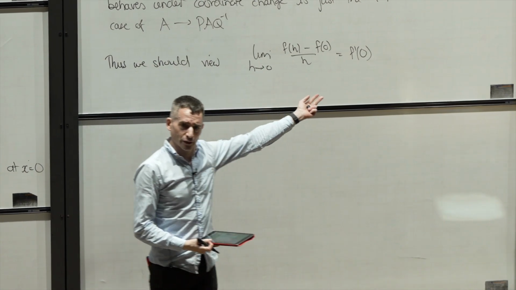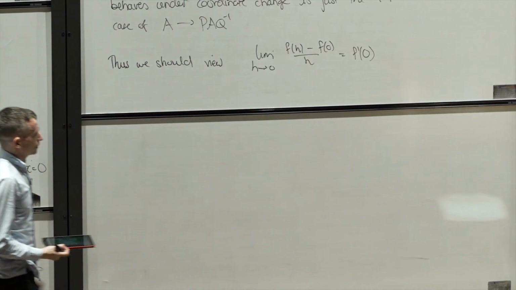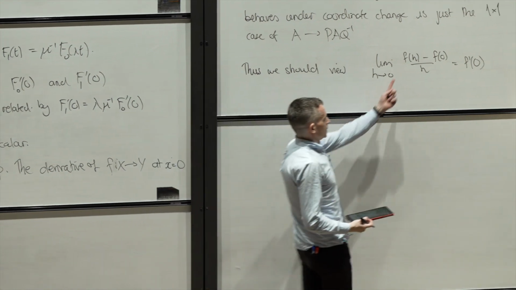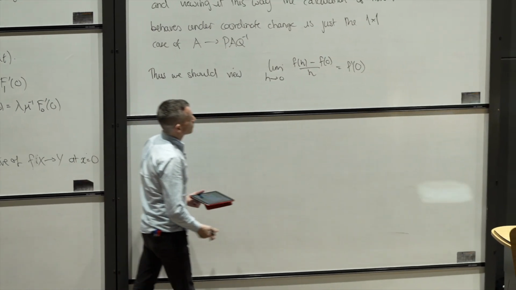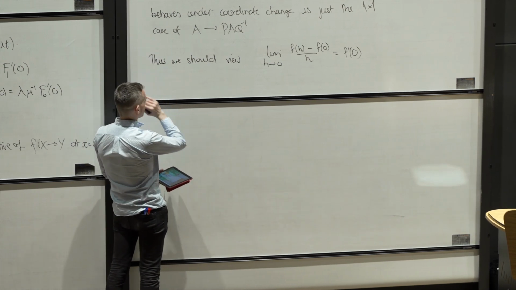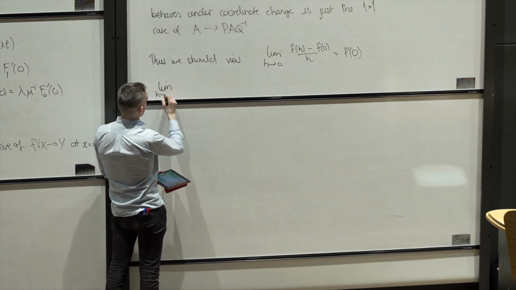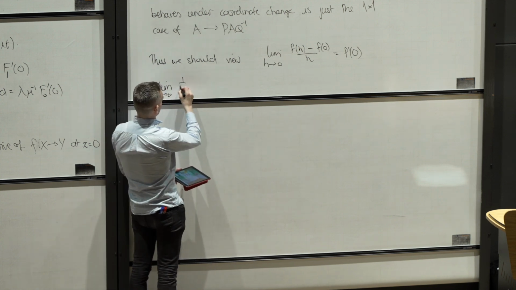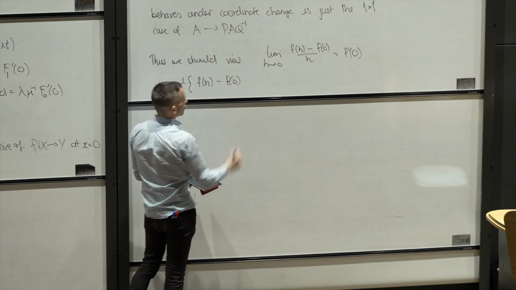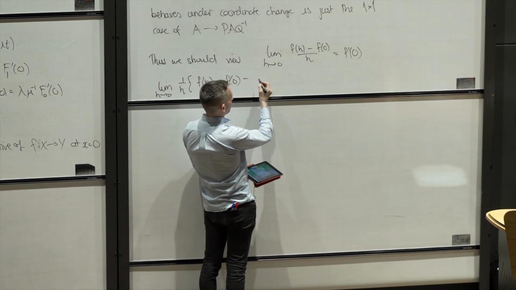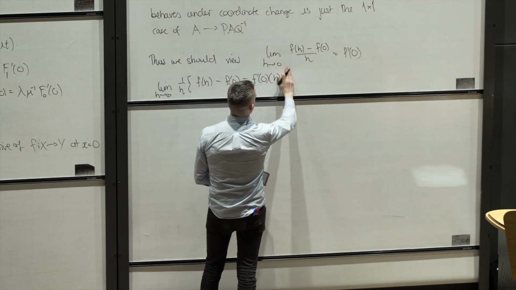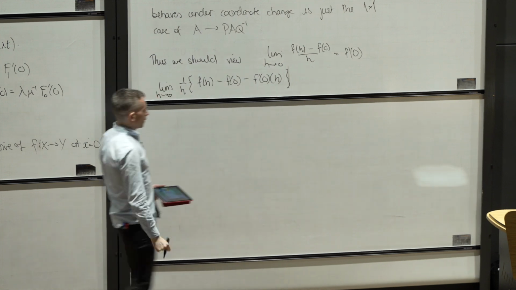One thing you can always do whenever you have an expression which has a fraction in it is clear denominators, and say this is the same as requiring the limit as h goes to 0 of 1 over h times f of h minus f of 0 minus f prime of 0 applied to h.